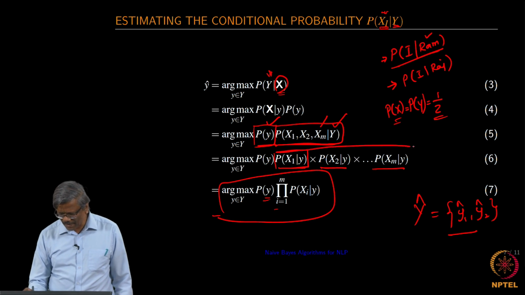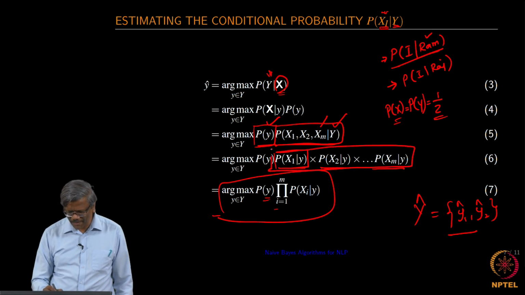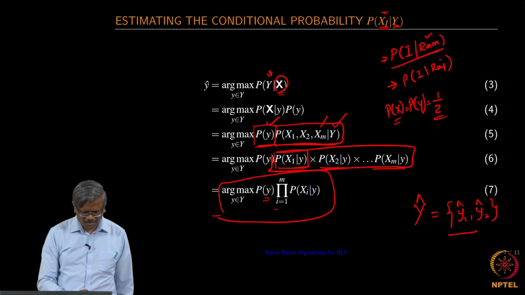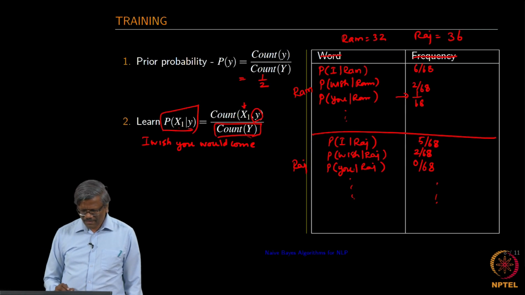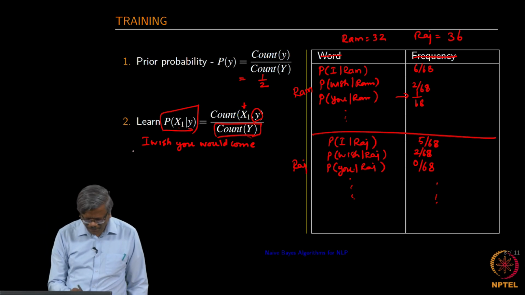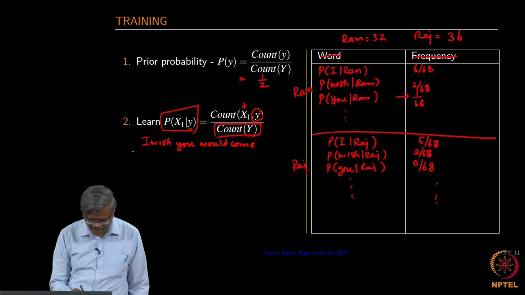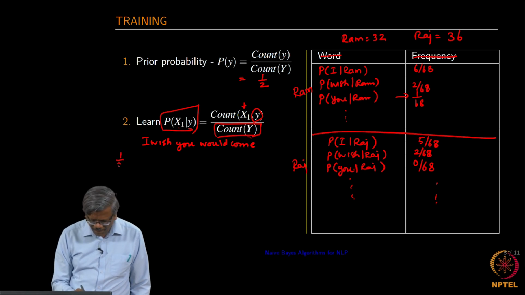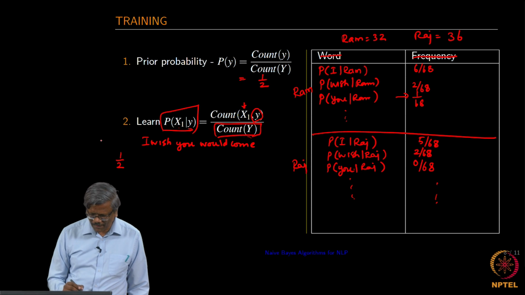So, we are going to be multiplying all the conditional probabilities along with the prior probability. So, when you do this, in the first case we have half, that is equal to p of y, right.